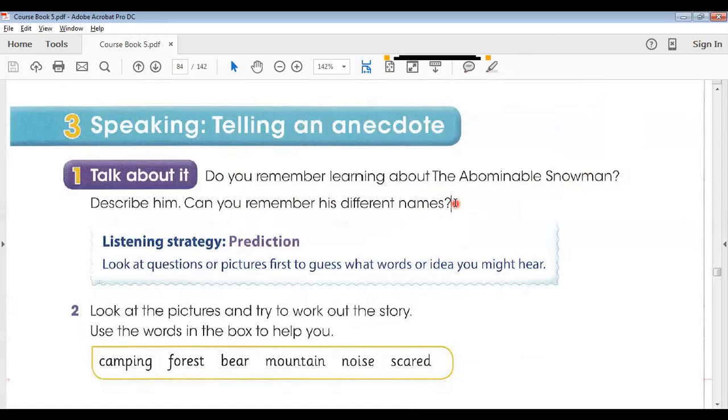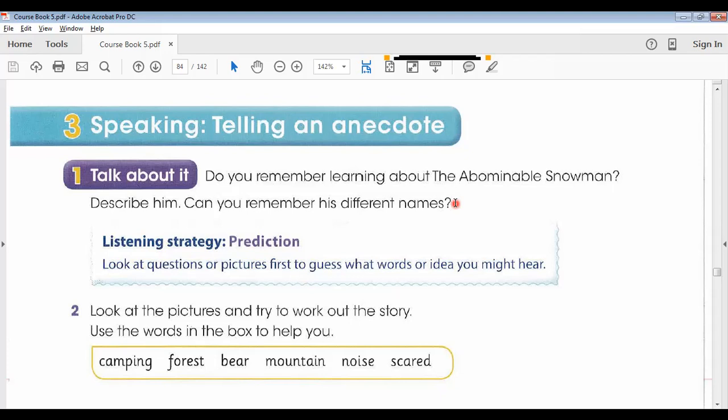So they said that the abominable snowman is a giant, or you can say huge, person that usually lived in the woods, and it's a very mysterious personality. No one knows much about this abominable snowman, and also it has furry, hairy skin.